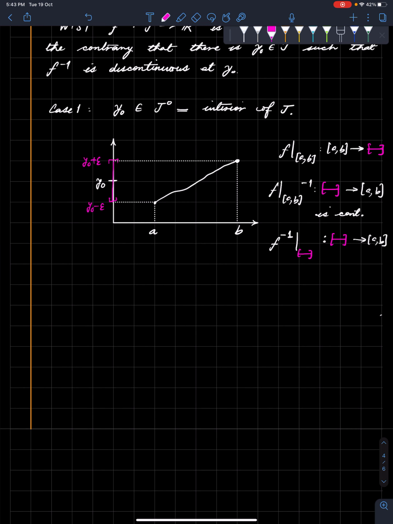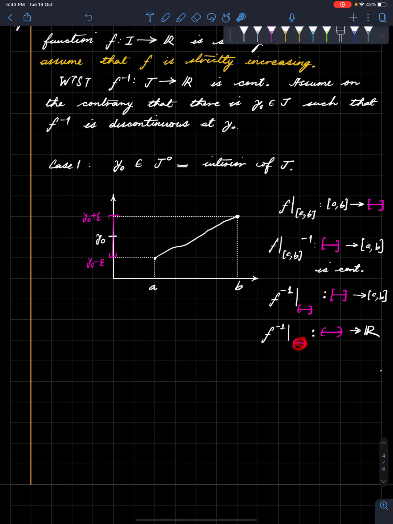But which means that if you take this function, f inverse restricted to this pink open interval, going from the pink thing to, let me write R, this is also continuous.